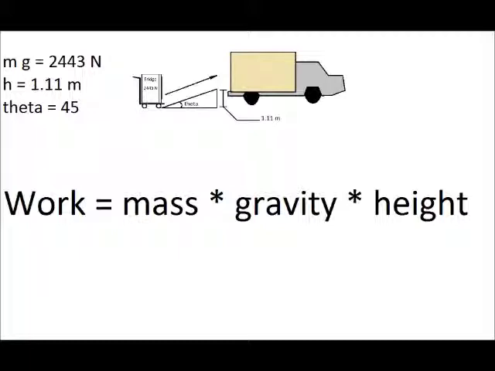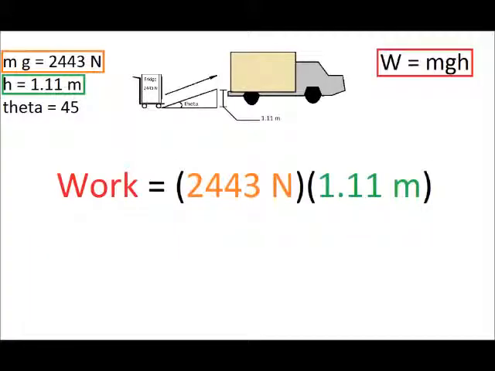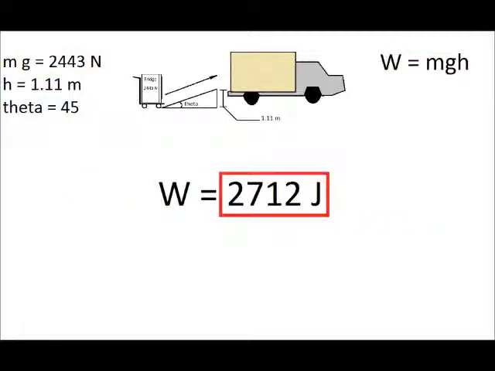And what's given here is the weight, which is mass times gravity, which is 2,443 newtons. And we have the height as well, which is 1.11 meters. And all you have to do is multiply those together, and you end up getting 2,712 joules.